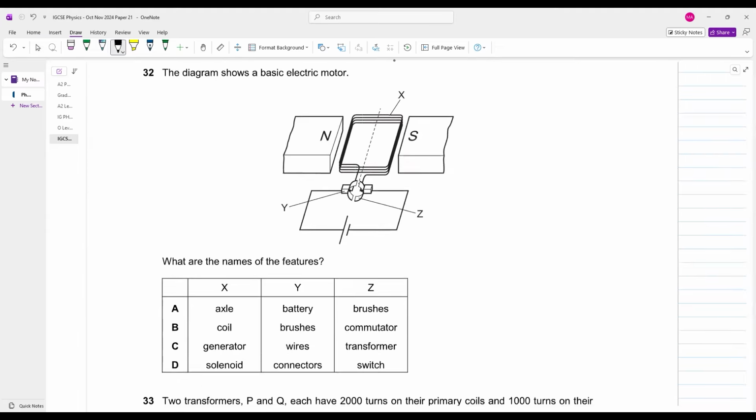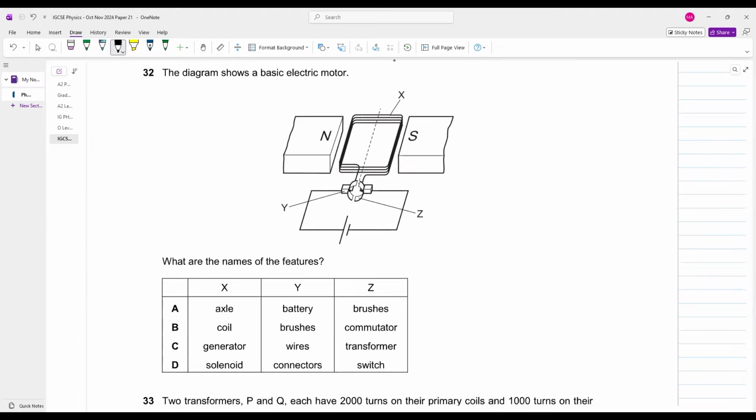Let's say this is the primary coil of P. This is the secondary coil of P. This is the entire transformer P. This is the secondary coil. The secondary coil is connected to what? Is connected to the transformer Q's primary coil like this.